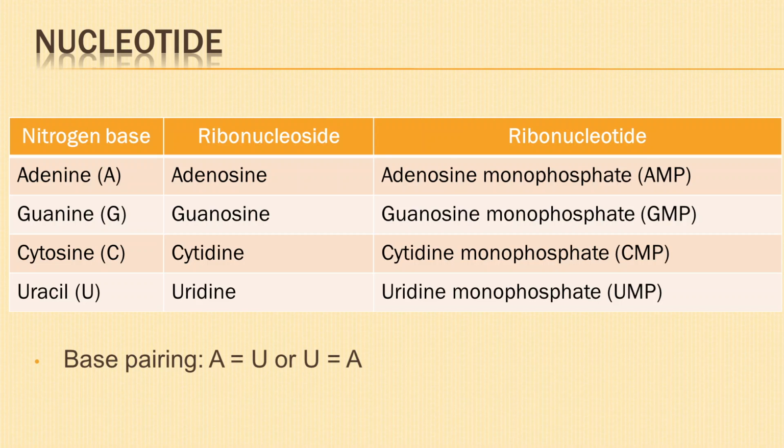Base pairing may occur between complementary bases as A pairing with U or U with A with two hydrogen bonds, and G pairing with C or C with G with three hydrogen bonds.